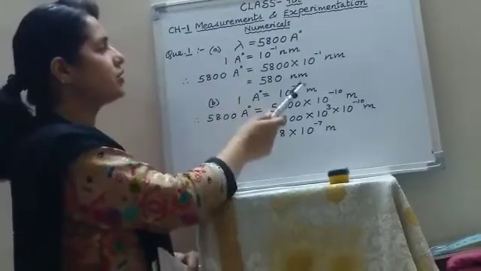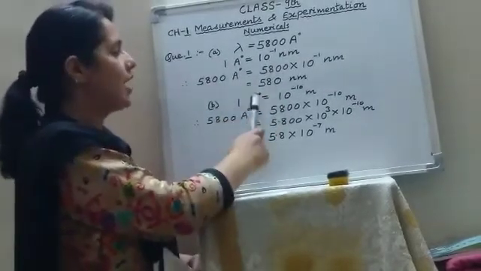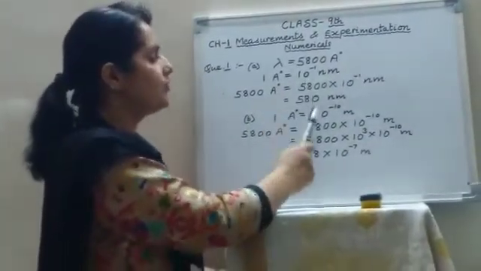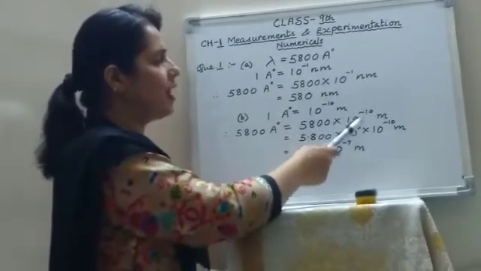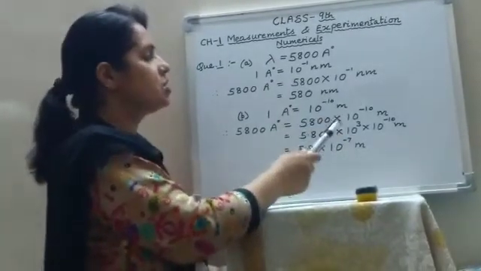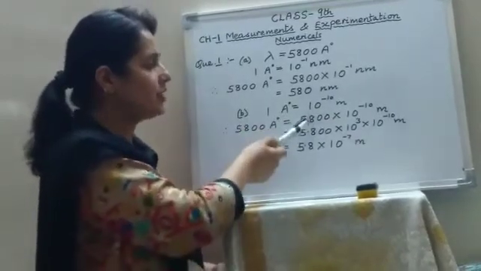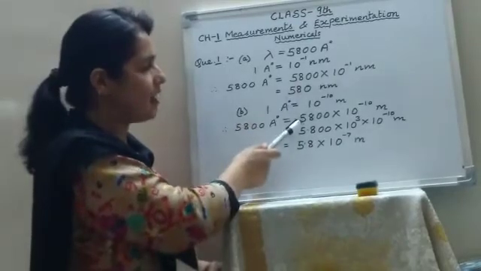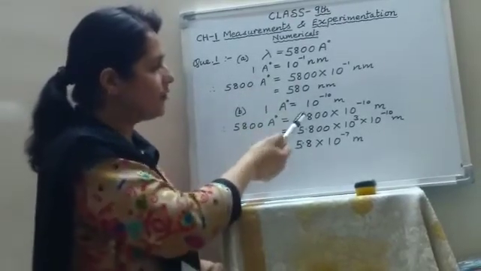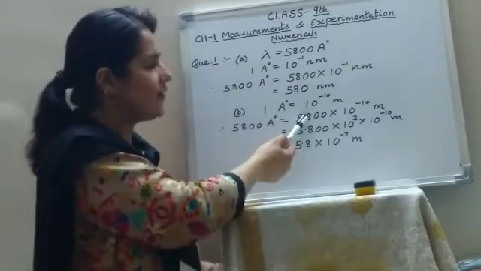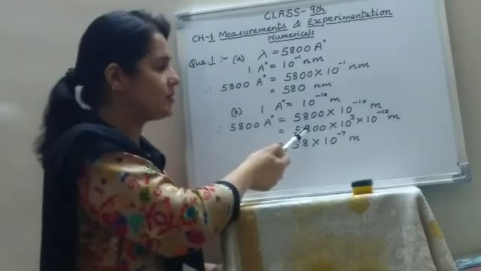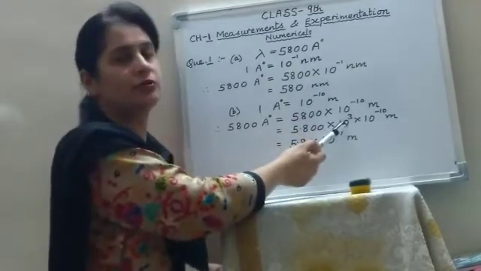Next we have to now convert it in meter. 1 angstrom equals 10 to the power minus 10 meter. Therefore 5800 angstrom equals 5800 into 10 to the power minus 10 meter. So now we will convert this in standard form, and you know what the standard form is? That the decimal comes after 1 digit. So if we have to place the decimal here, we have to divide it by 10 to the power 3, and at the same time we will multiply also by 10 to the power 3.